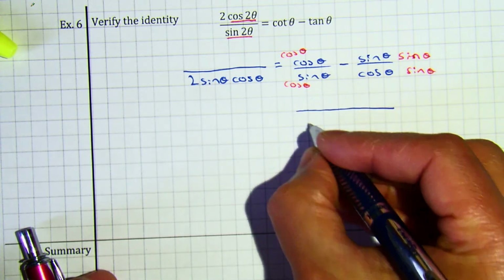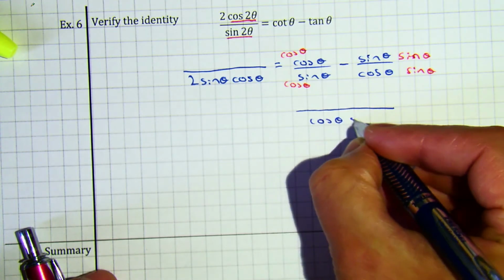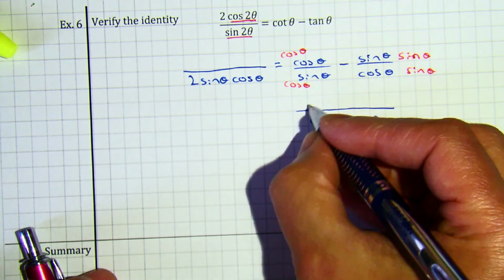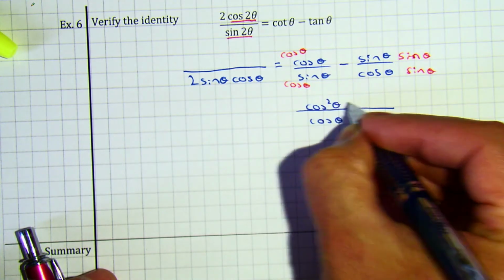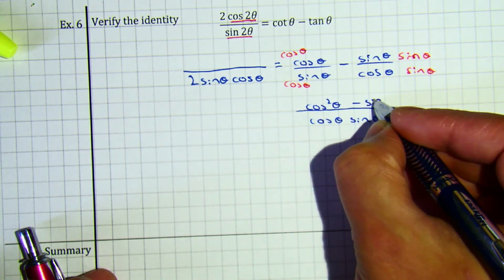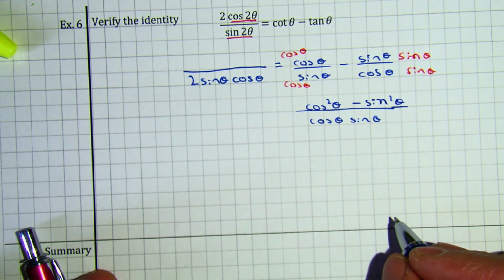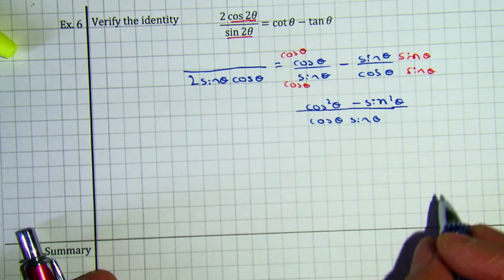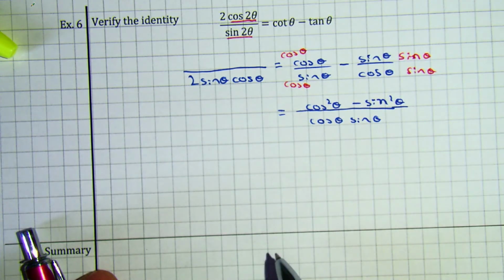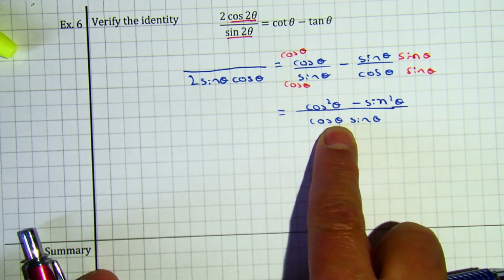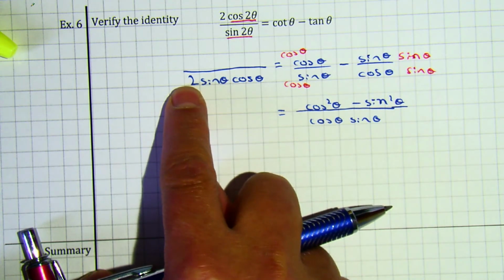Cosine of theta, sine of theta, and I have cosine square of theta minus sine square of theta. So now, it's okay, I have sine and cosine, I have that equal. I don't have my 2.